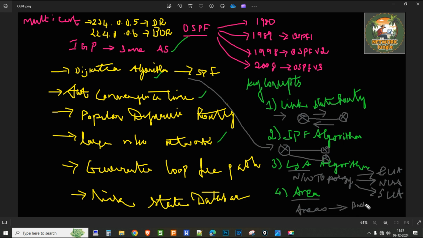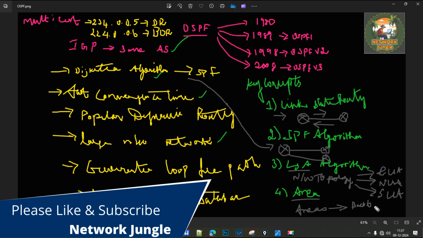You can see multiple areas in the next video. Here I am using the single area concept, the backbone area of OSPF. So these are the OSPF concepts.